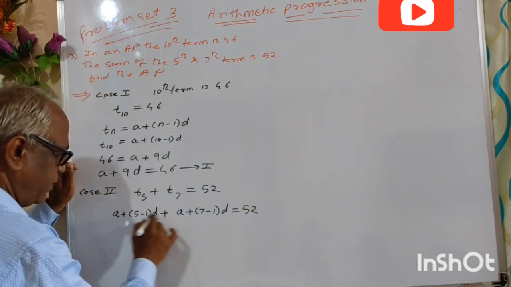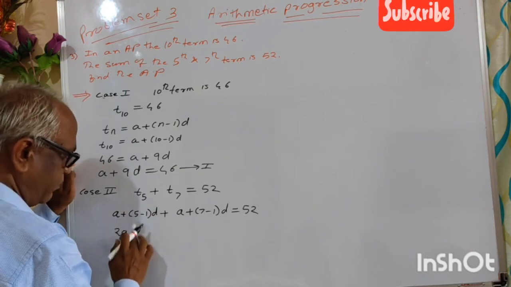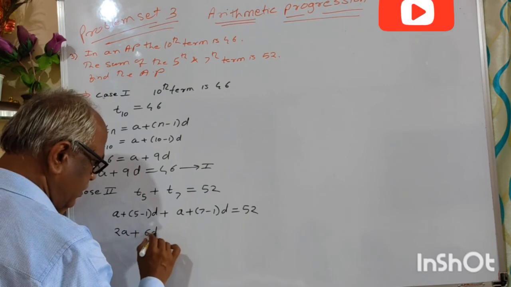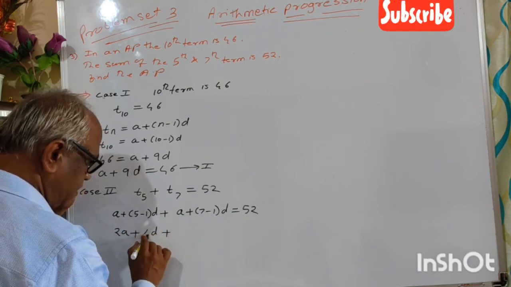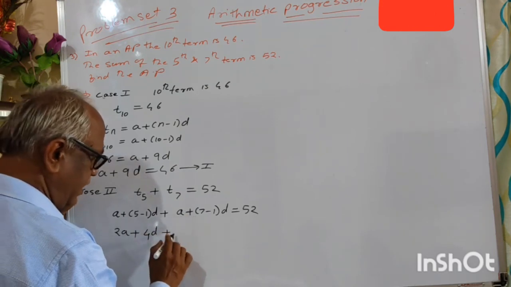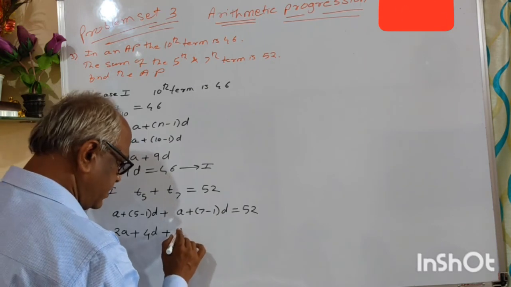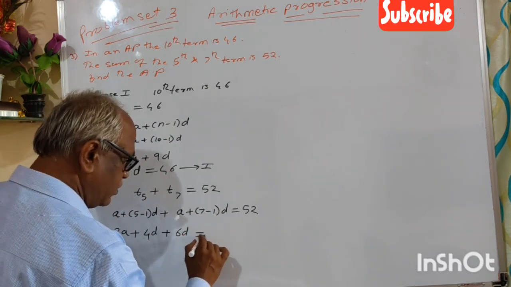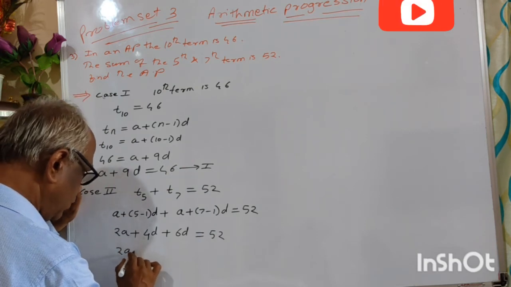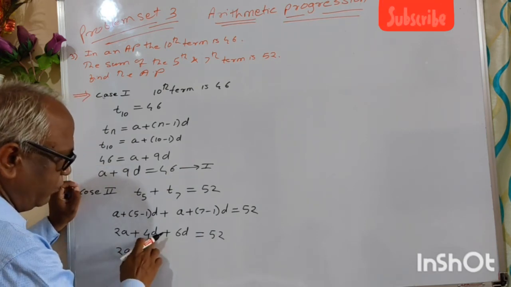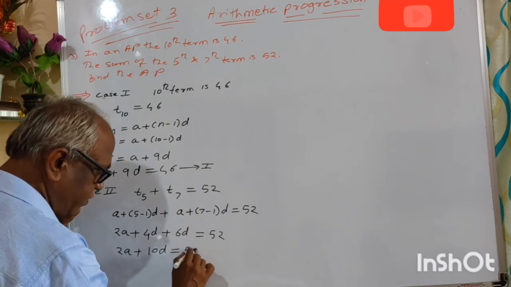Now here a plus a, that is 2a, plus 5 minus 1, that is 4d, plus 7 minus 1, that is 6d, is equal to 52. Now 2a plus 4d plus 6d, that is 10d, is equal to 52.